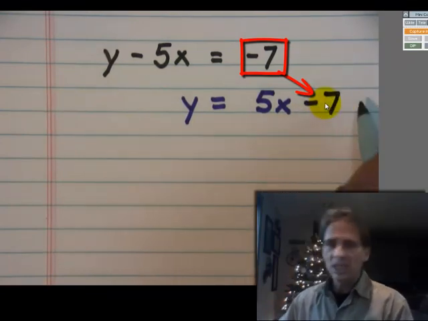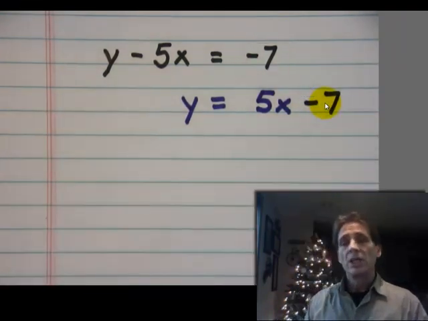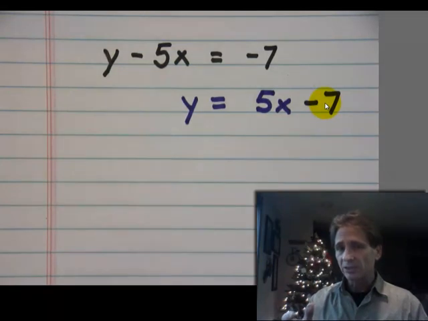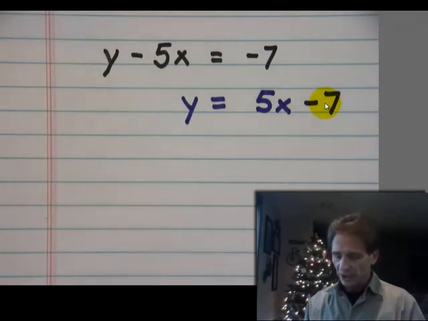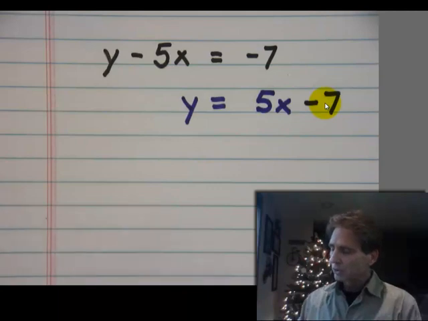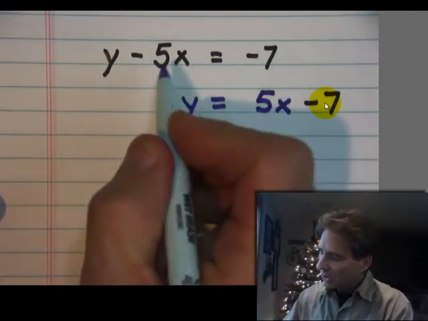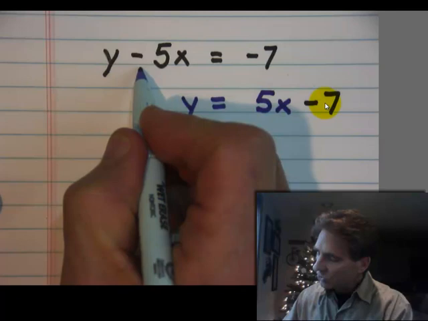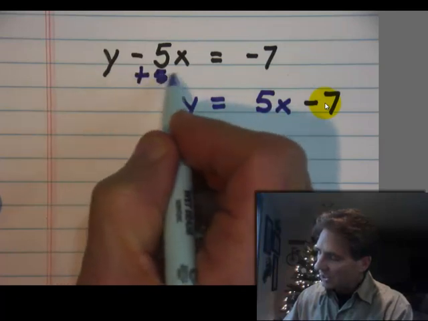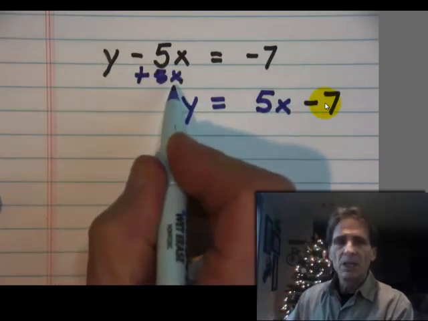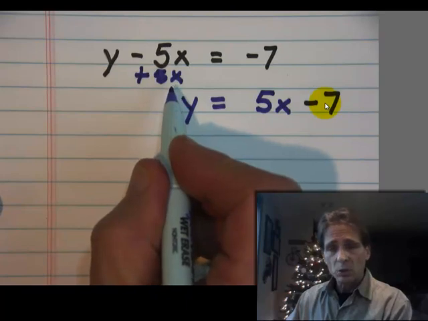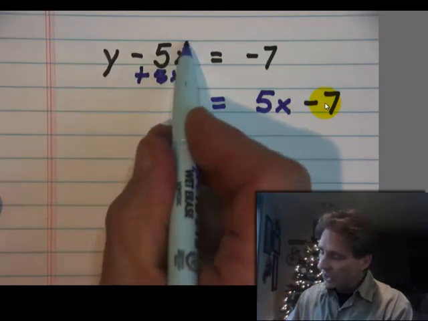It remains a negative. Now, you'll be able to understand this at a deeper level if you know what's going on. So let me explain again real quickly how this works. We want to remove this, so we added 5x to this side. And that was the opposite or inverse operation. That's why it canceled.